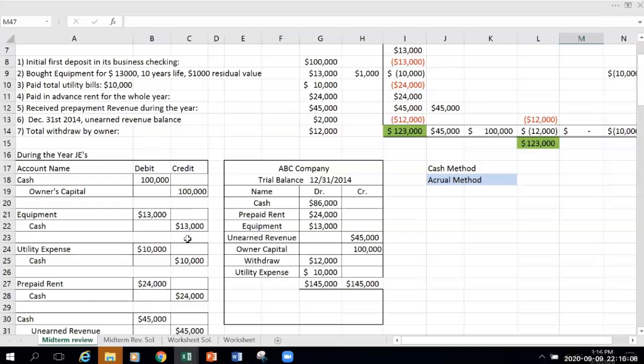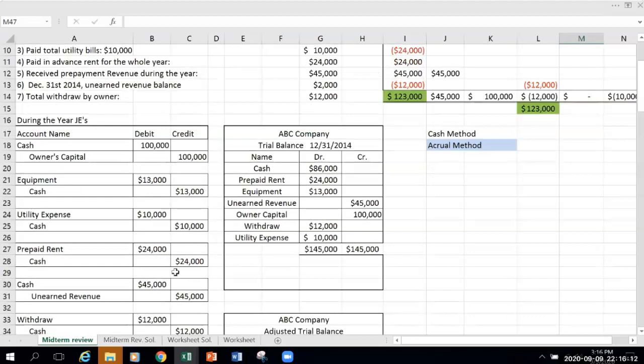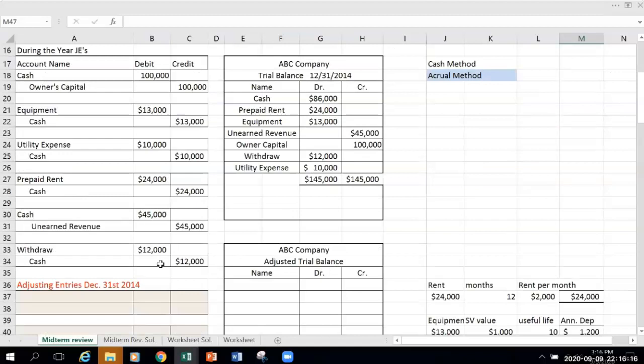Then we purchased equipment. Then we paid for utilities. We also prepaid rent for 1 year. And we received cash from a customer to do a job down the road. And also we had a withdrawal of $12,000 by the owner.